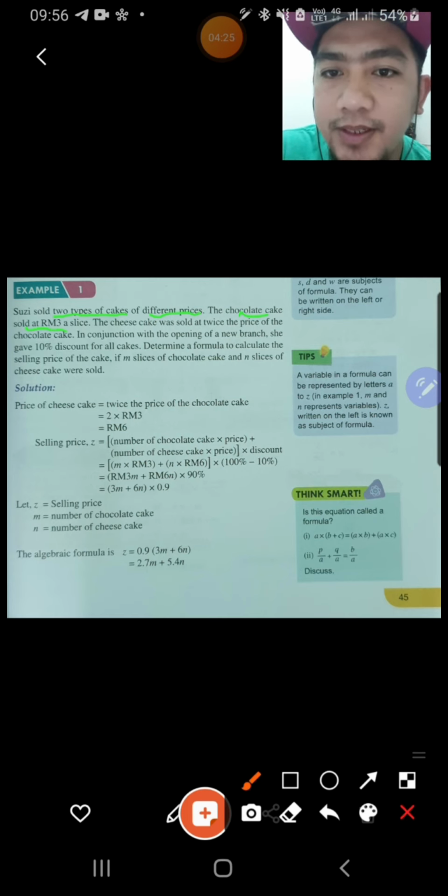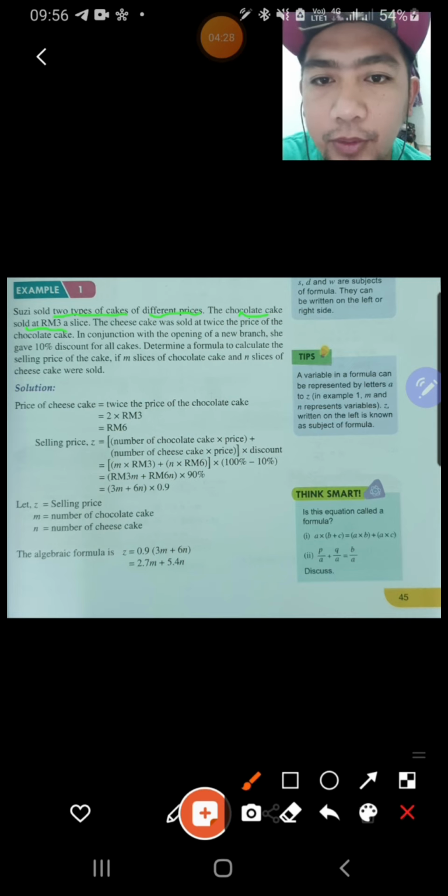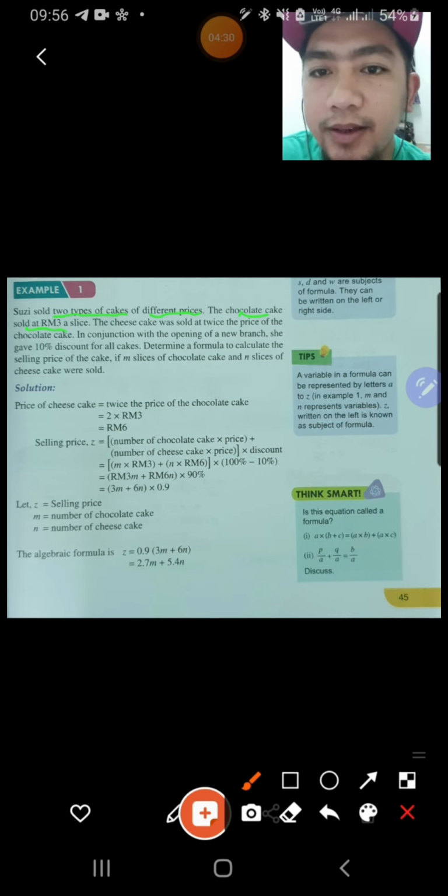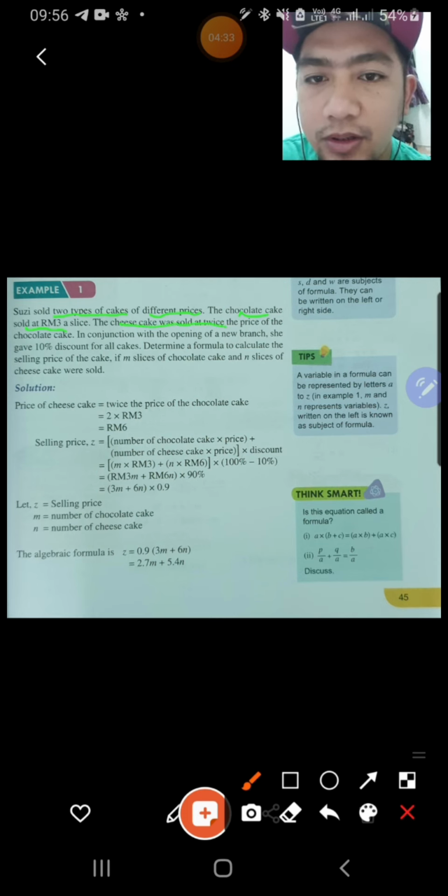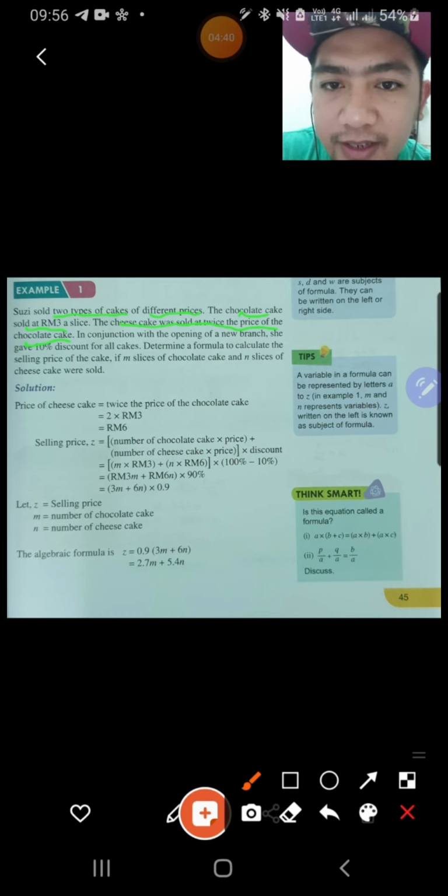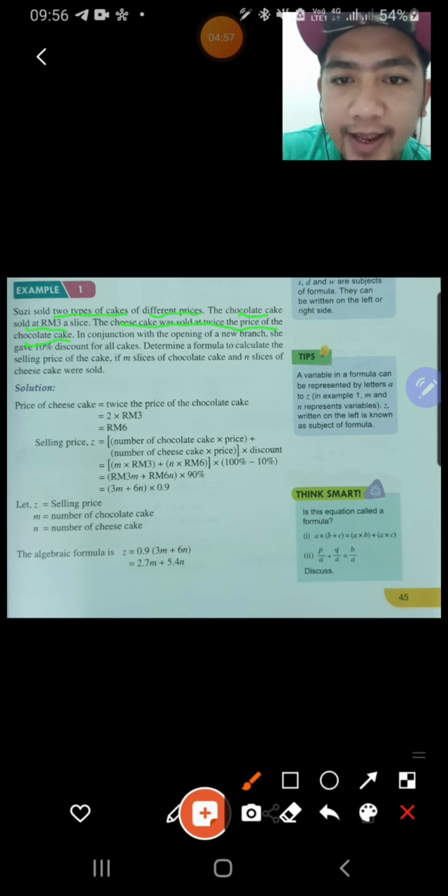The cheesecake was sold at twice the price of the chocolate cake. In conjunction with the opening of a new branch, she gave 10% discount for all cakes. Determine a formula to calculate the selling price of the cake if m slices of chocolate cake and n slices of cheesecake were sold.